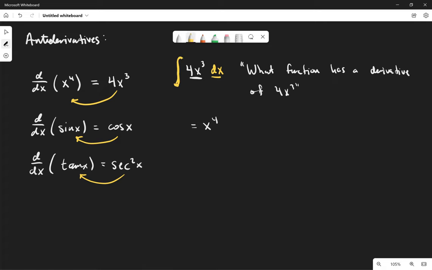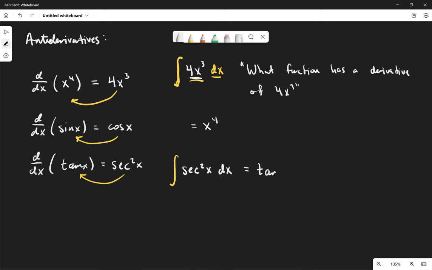That's all it is. So when you see this big curly S, it's asking you a question. It's not asking you to take a derivative. It says, what is this the derivative of? What function, when I take the derivative, gets me 4x cubed? So if I ask you, what's the antiderivative of secant squared x dx, don't worry about the dx, it's just there for now. You would ask first, what function has a derivative of secant squared?